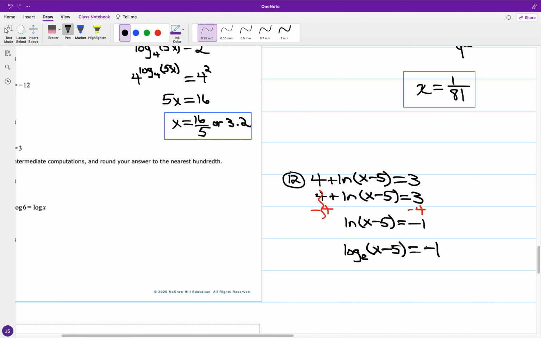Okay, and so for x minus 5, we can take care of the presence of the logarithmic base by applying the matching exponential base and treating both sides as powers, to which in this case e is going to be raised.